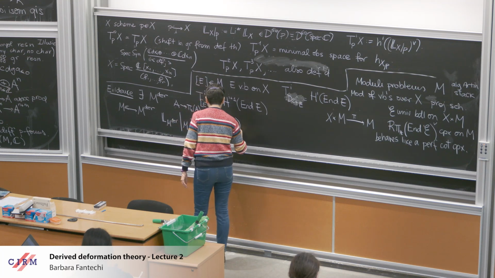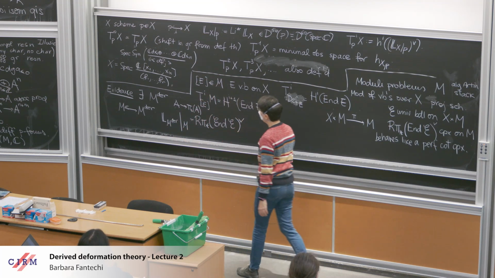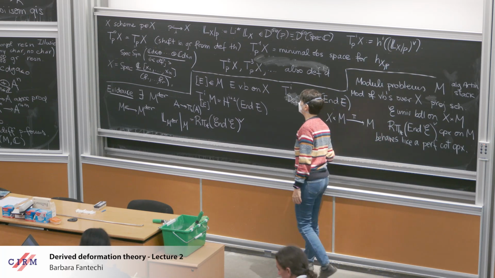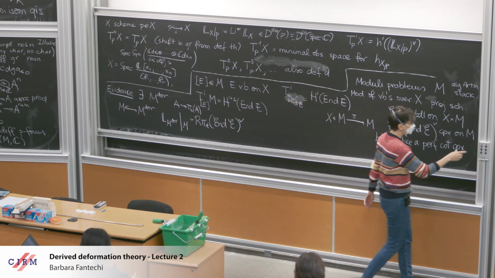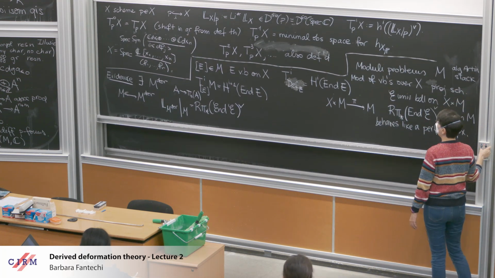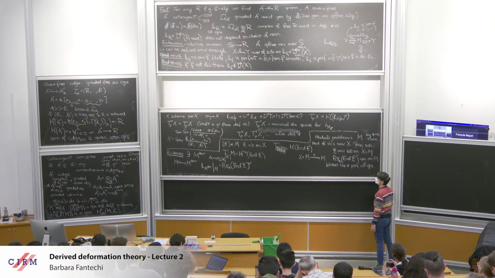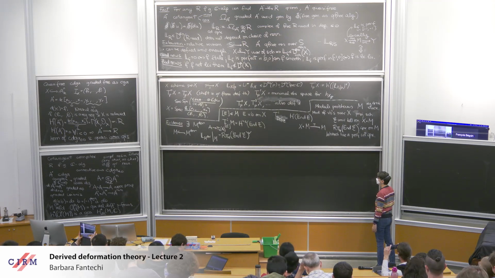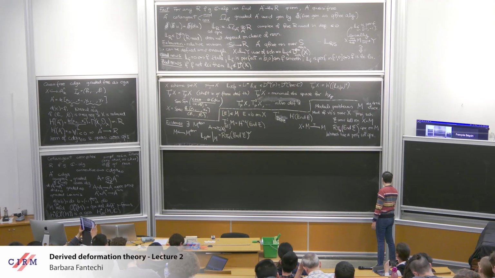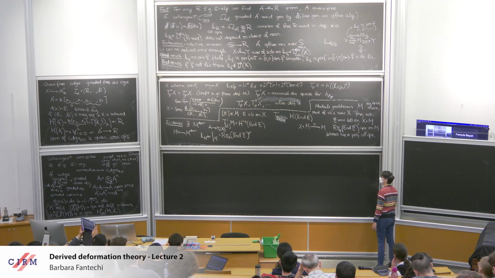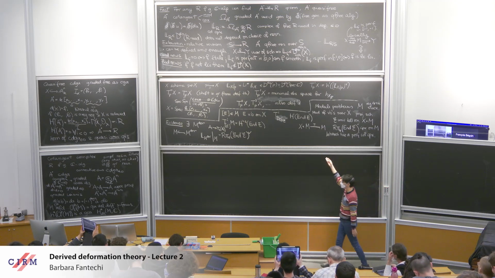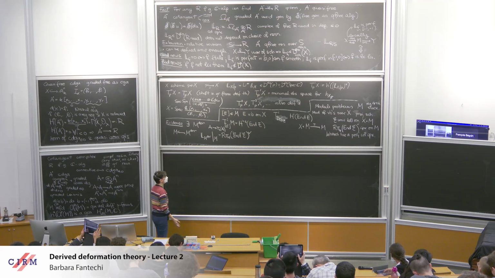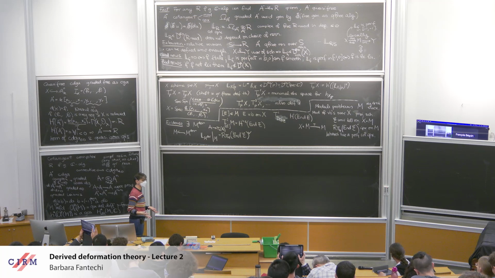So the idea is, why do I want this derived structure to be there? Again, because it would justify at every level the fact that these natural things exist, and in some sense they are actually much more computable.